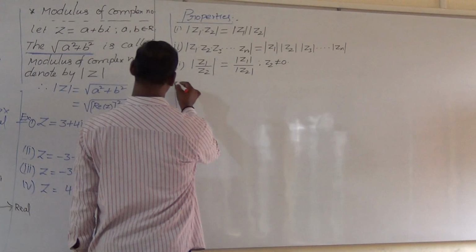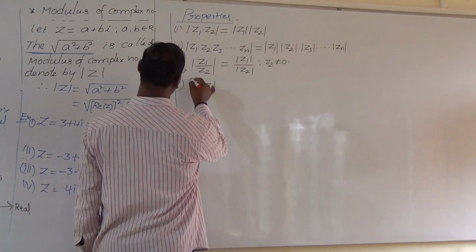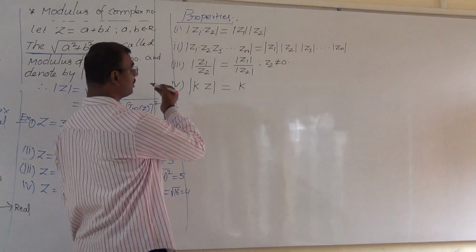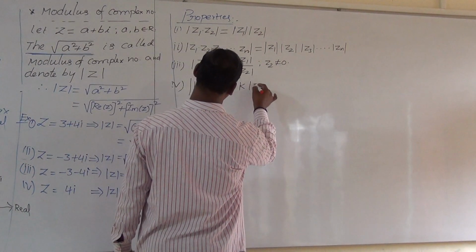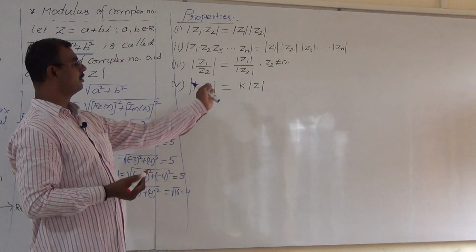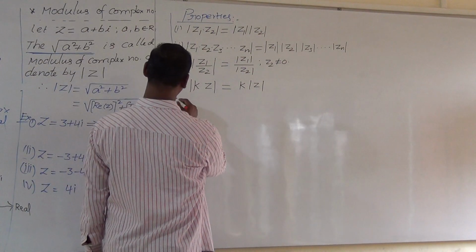Similarly, we have a number of properties. If any constant is there, mod of k into z, we can write the constant outside, k into mod of z. It is easy. Mod of 2 into z is equal to 2 into mod of z. K is called a constant.